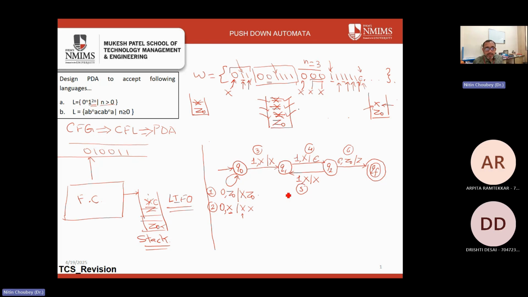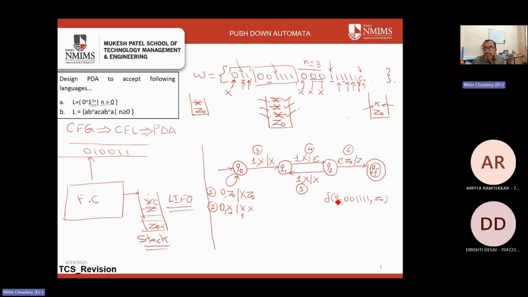At the beginning, we'll start with Q0. Delta of Q0, our input is 00 and 4 ones, comma, on the stack top we have Z0. We are talking about drawing the transition diagram for the string, right?